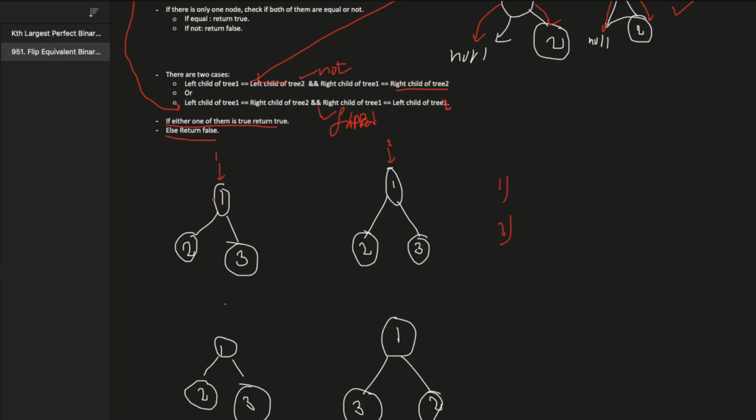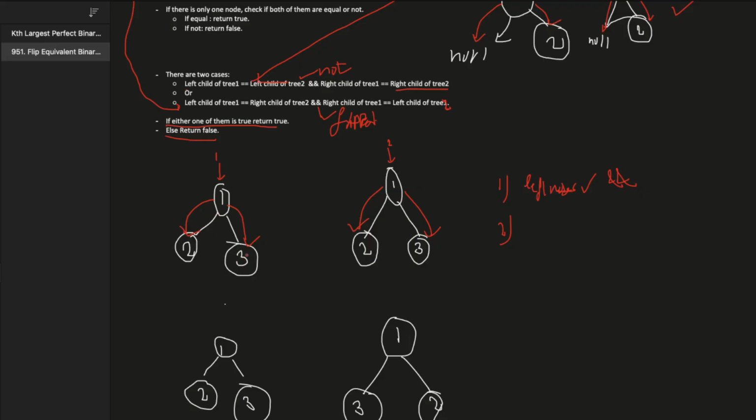They are equal. So now I'll go to the left and I'll go to the left. I'm checking the first condition. I'm checking the left nodes of both the trees. They are equal, right? So this condition is true, and at the same time I'm checking the right nodes of both the trees.